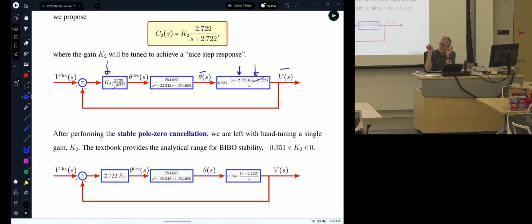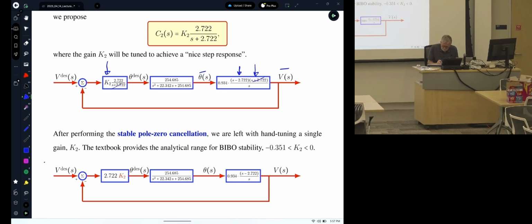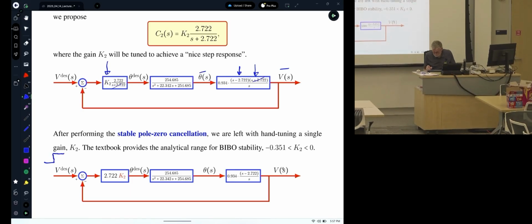And when you only have 1 constant to tune, it is totally okay to just put a step input in here for desired speed, look at V of S, and adjust K2. When there's only one parameter, humans are good at making it bigger and smaller. When there are two and you have to move in a grid, you screw up if you have a biological brain.